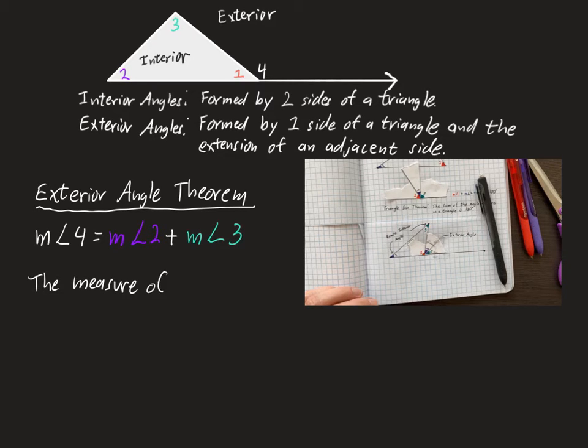Another way to say it is the measure of an exterior angle of a triangle is equal to the sum of the measures of its remote interior angles.